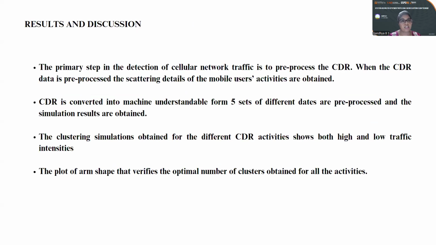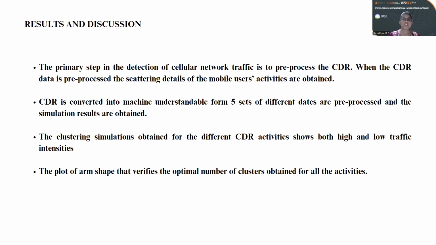Now, results and discussion. The primary step in the detection of the cellular network traffic is to pre-process the CDR. When the CDR data is pre-processed, the scattering details of the mobile users' activities are obtained. CDR is next converted to machine understandable form. 5 sets of different dates are pre-processed and the simulation results are obtained.